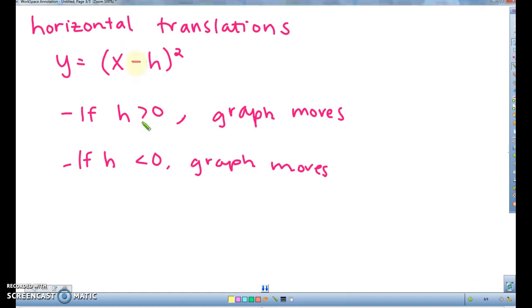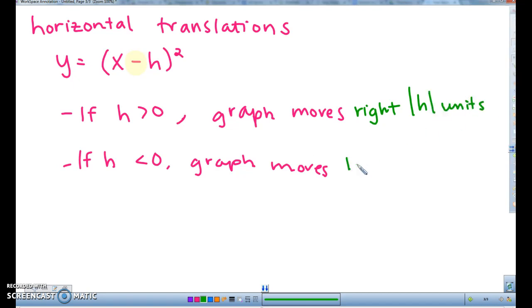So you have to kind of figure in that is to which way you're going to move. If h is greater than 0, our graph is going to move right. Again, the absolute value of h units. And if it's less than 0, we're going to move left, the absolute value of h units.